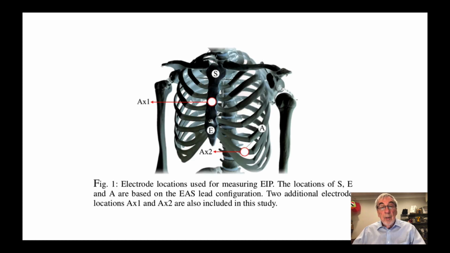Here are the electrode configurations for that measurement. It's not the standard configuration. This placement here gives you optimal measurements of the chest resistivity across the diaphragm. This is kind of interesting to me given the current COVID-19 situation.